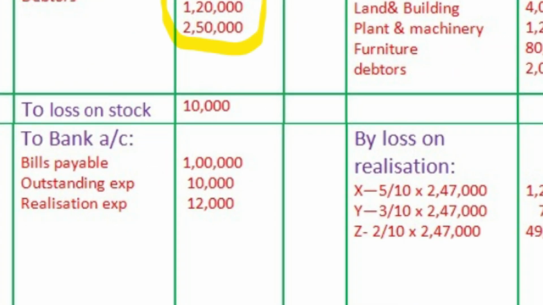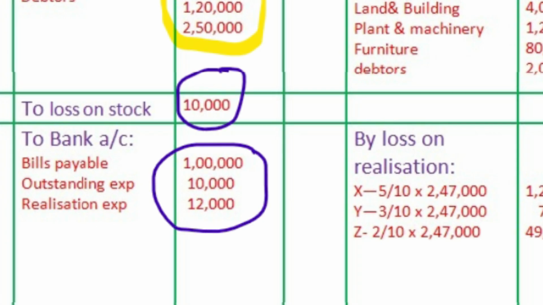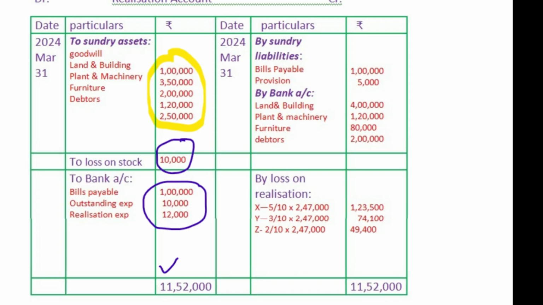The debit side total is more than the credit side total, and here the sum total is 11,52,000, and the difference is 2,47,000, the loss on realization.